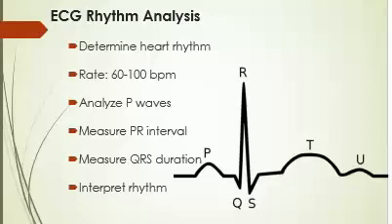You want to make sure the rhythm is regular or irregular. Identify that. You want to look at the rate. You want to analyze, is there a P wave before every QRS wave, and do they all look alike? You want to measure your PR interval, and you want to make sure that your PR interval is constant. You want to look at your QRS and see what the duration of your QRS is.